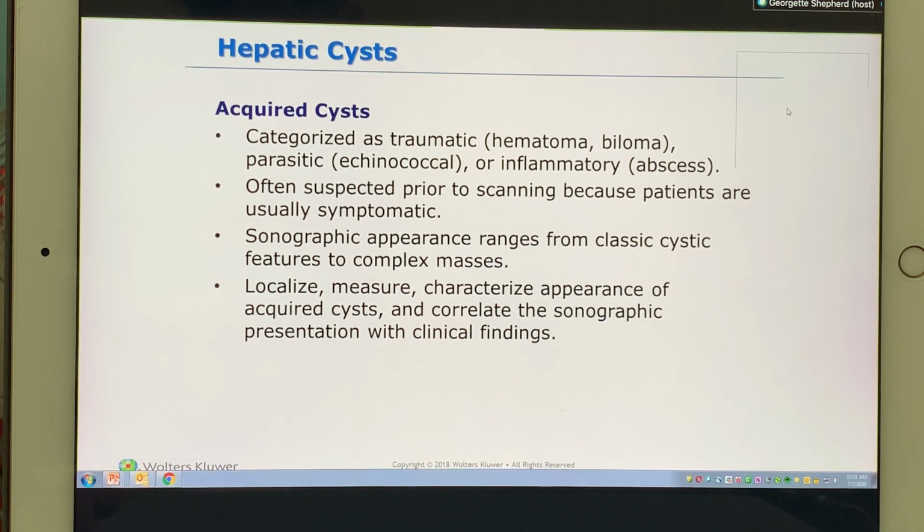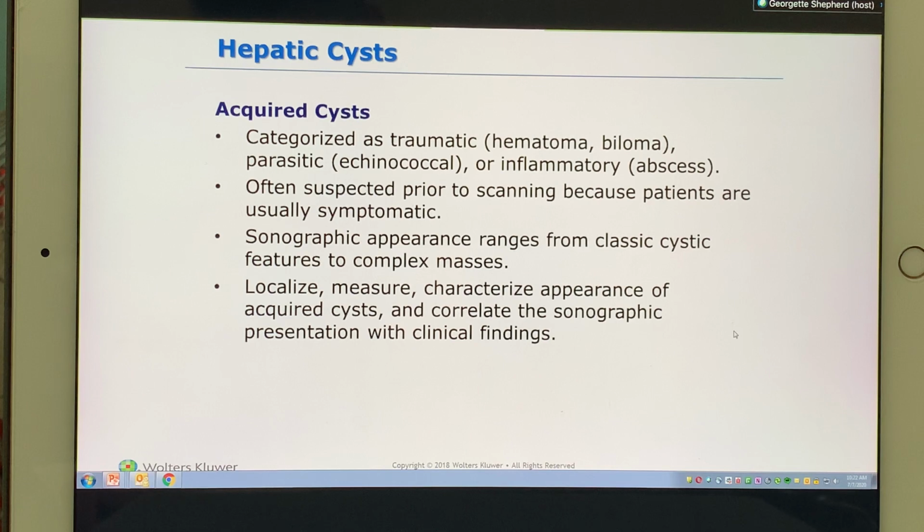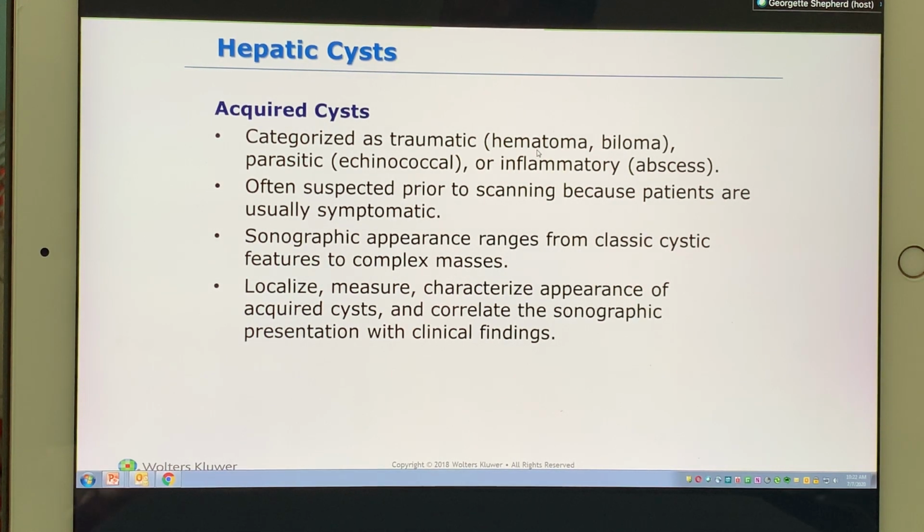These patients are usually going to be symptomatic. We are going to see a normal cyst, where you have the 3 criteria, all the way to a complex cyst, like a hematoma.